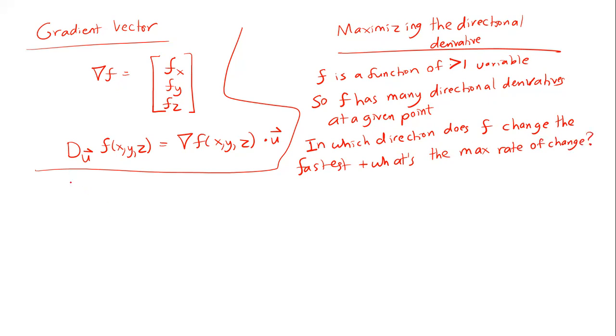and what's the maximum rate of change? In this case, we can say that the answer is that the norm of del f of x is the maximum value of the directional derivative.